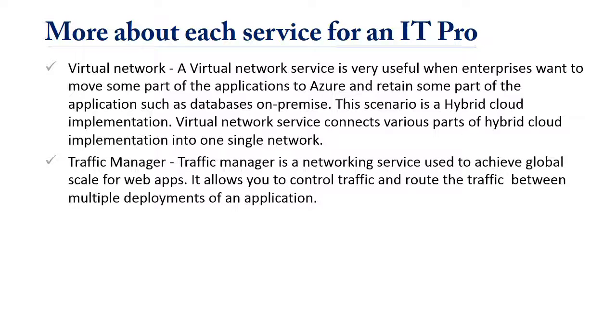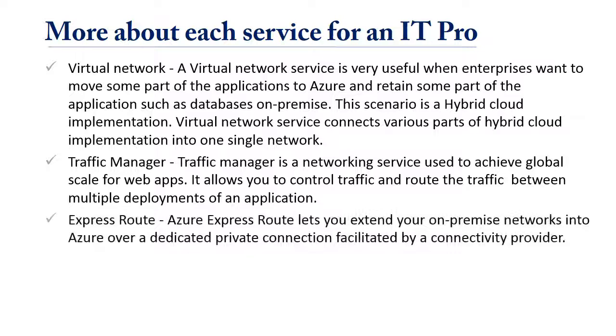Traffic manager. A traffic manager is a networking service used to achieve global scale for web apps. It allows you to control traffic and route the traffic between multiple deployments of an application. Express route. Azure Express Route lets you extend your on-premise networks into Azure over a dedicated private connection facilitated by a connectivity provider.